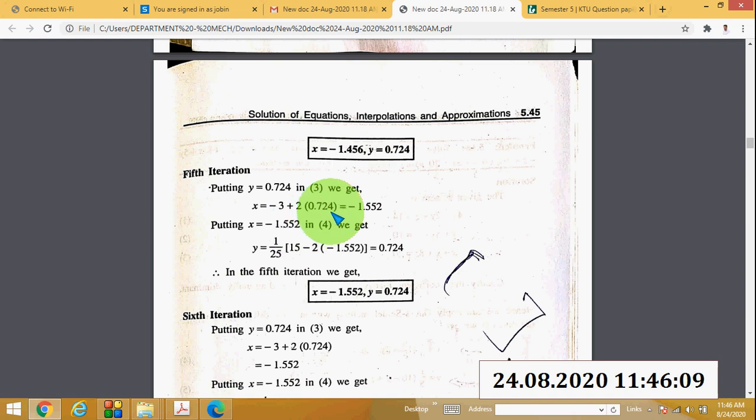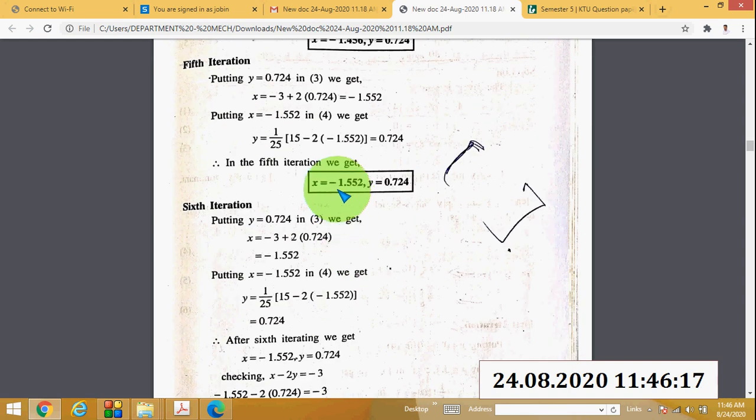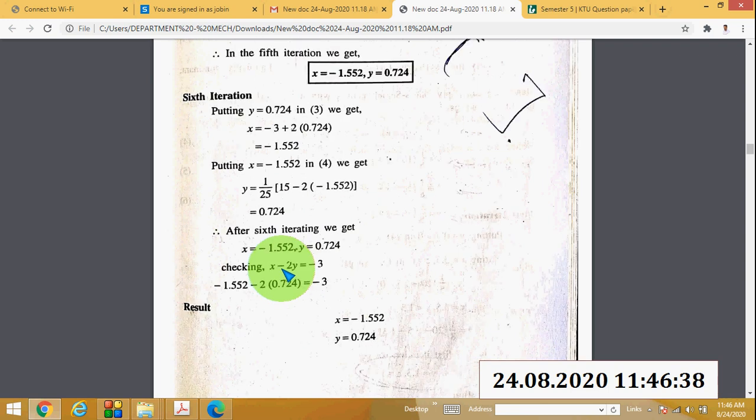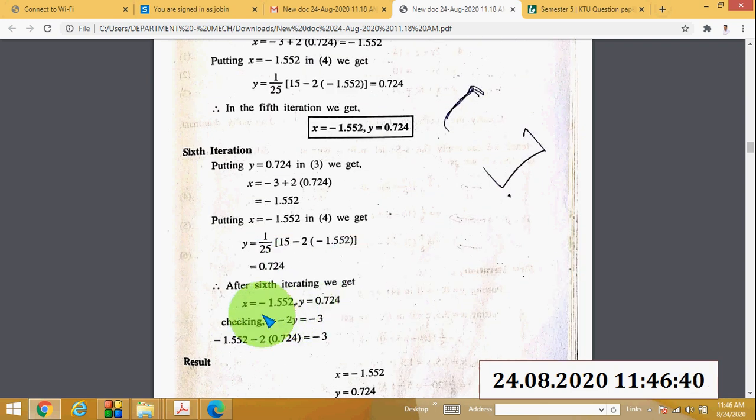Substitute x equals minus 1.552 in equation number 4, you will get y equals 0.724. So after the fifth iteration, x equals minus 1.552 and y equals 0.724. Then the next iteration: substitute the value of y in equation 3, you will get minus 1.552, and substituting this in equation number 4, you will get 0.724. So after the sixth iteration, x is minus 1.552 and y is 0.724.